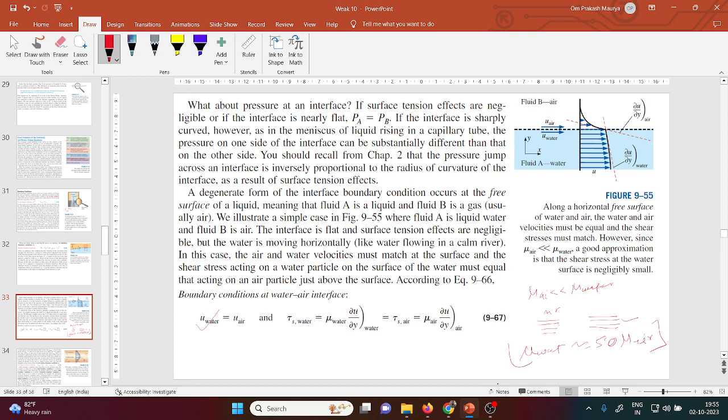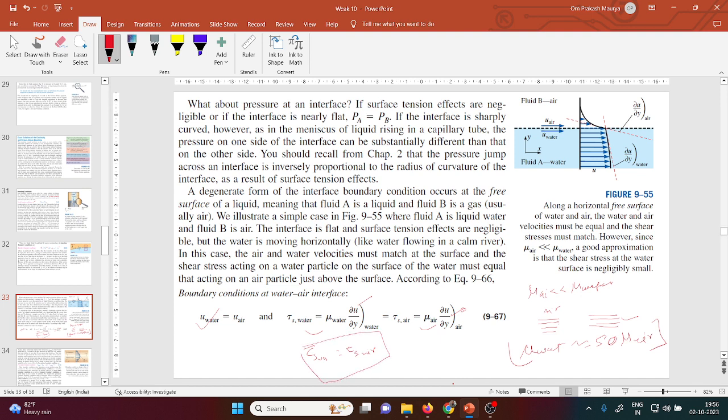So if you are going to equate tau s of water and tau s of air, and viscosity is 50 times less in case of air, then the velocity gradient in case of air should be 50 times more as compared to water, because you are going to equate these things.